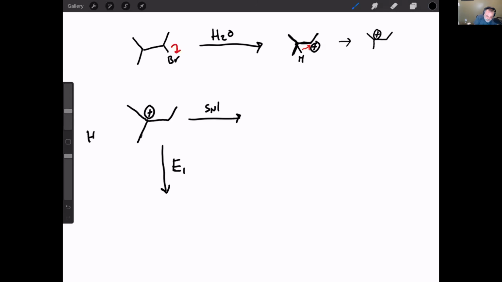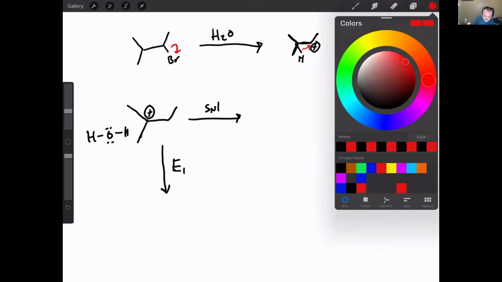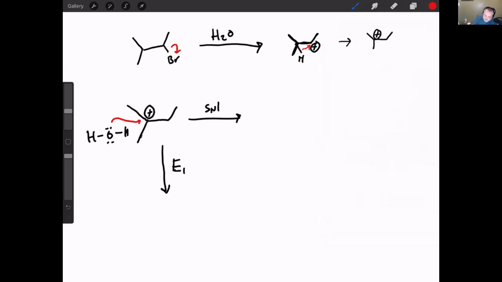So if water acts as a nucleophile, then water attacks the carbocation, and we form this product. But this is also positively charged.